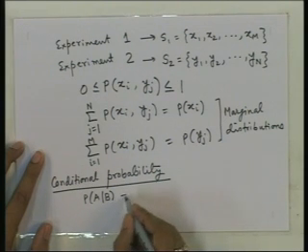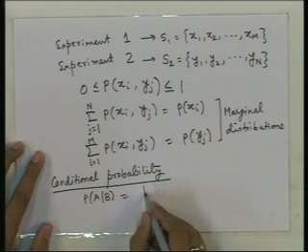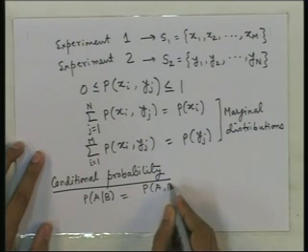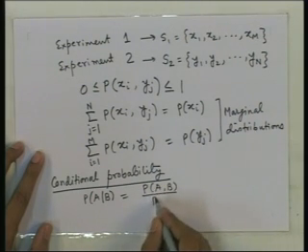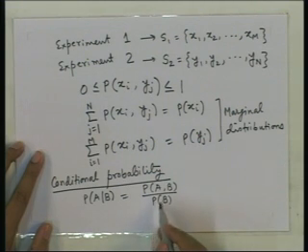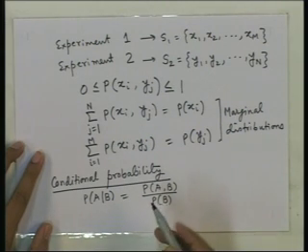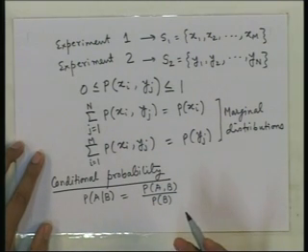So, that is defined as probability of A and B by probability of B. So, this is the marginal distribution, and this is the probability that both A and B are true. These events may be of two different experiments or maybe the same experiment.